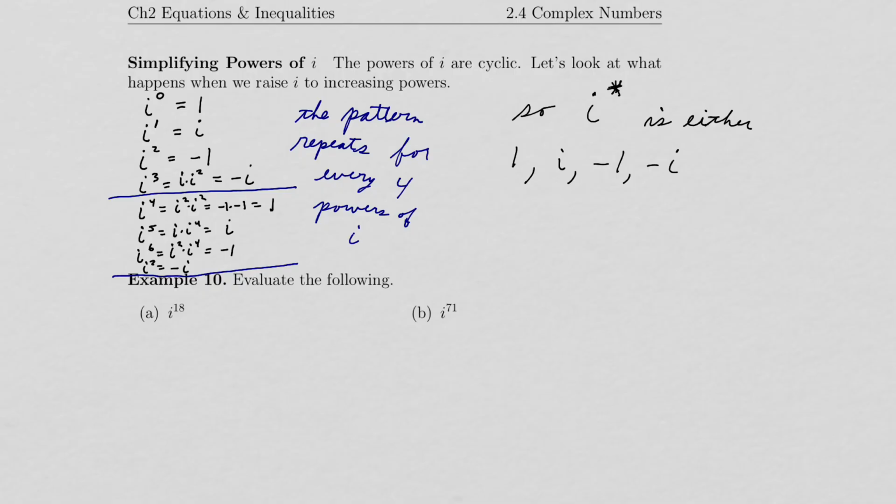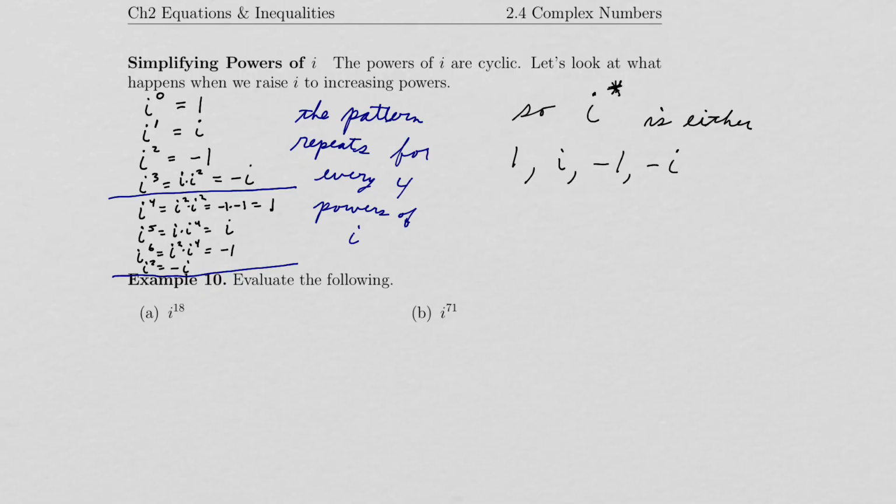So to figure out whether our answer is going to be 1, i, -1, or -i, we need to just look at the remainder when we divide the original exponent by 4. Okay, so I'll write that here.